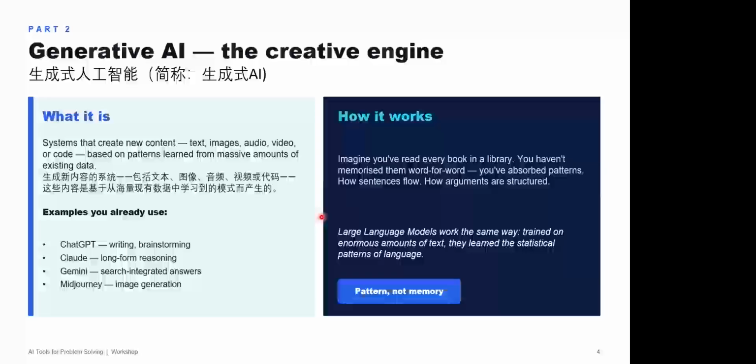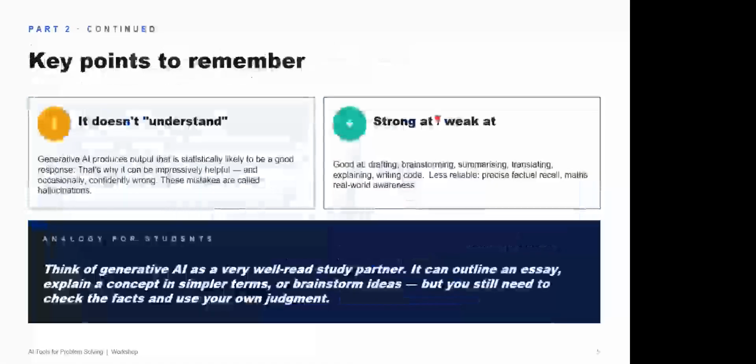Large language models, which refers to ChatGPT, Gemini, and Claude, actually work the same way. They are not going to memorize, because the amount of data is too large. What they do is learn the statistical patterns of the language, not the memory. So key point to remember: it doesn't understand, it just learns the pattern.